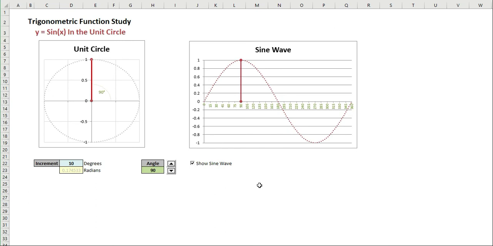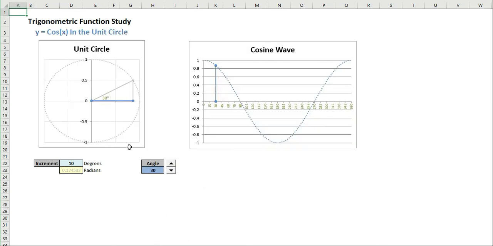I'll throw in cosine here, because cosine, it turns out, is instead of the vertical of this triangle, the horizontal. So the cosine of 30 here is 0.866, which I believe is the square root of 3 over 2. I'm trying to remember.